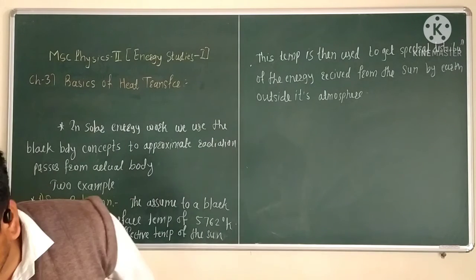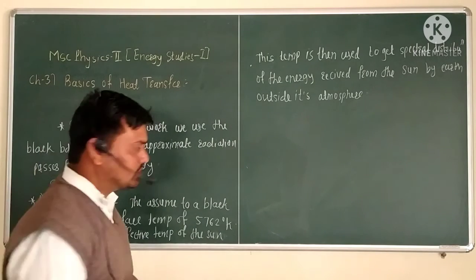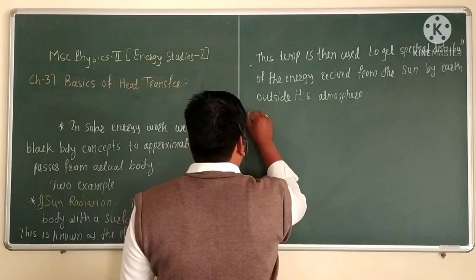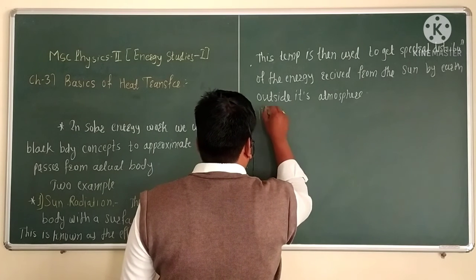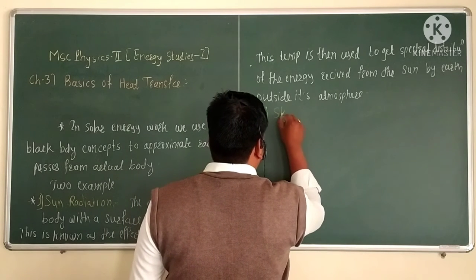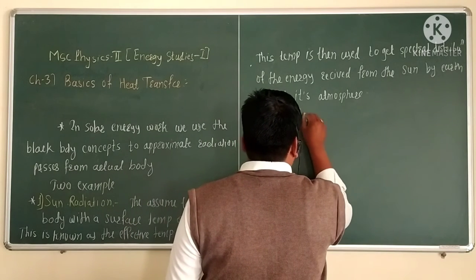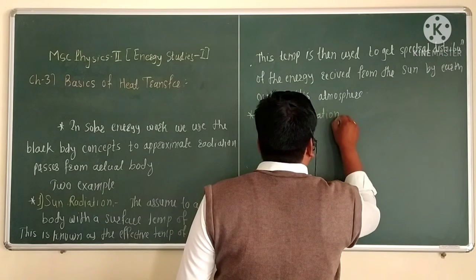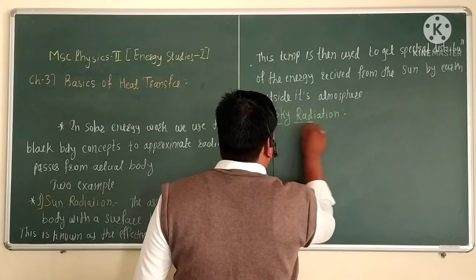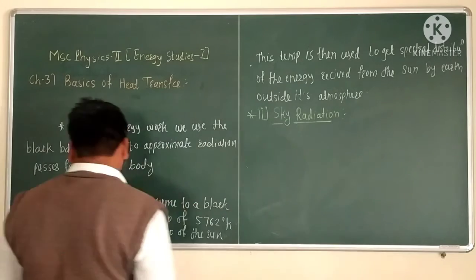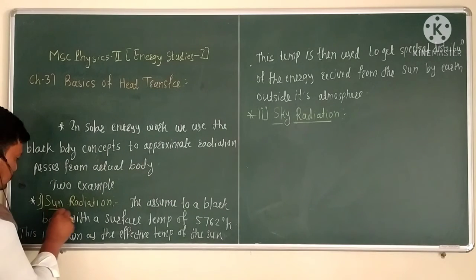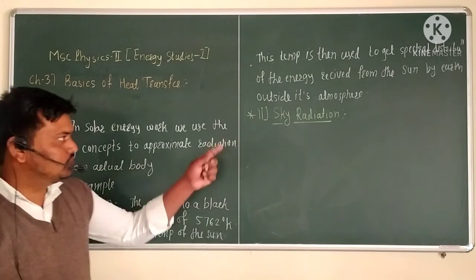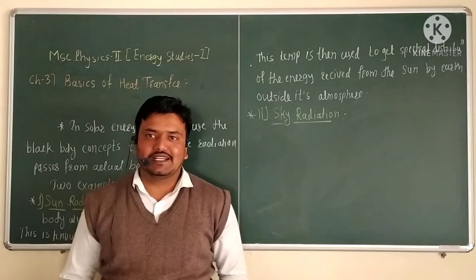And the next type of radiation is the sky radiation. So this is the first type, the sun radiation, and the second type is the sky radiation.